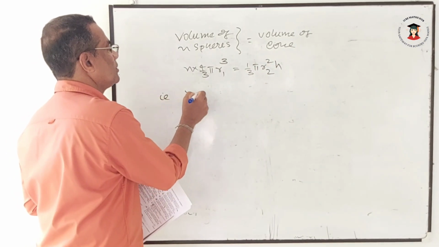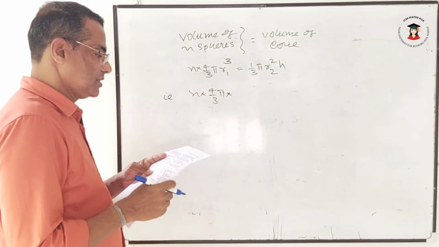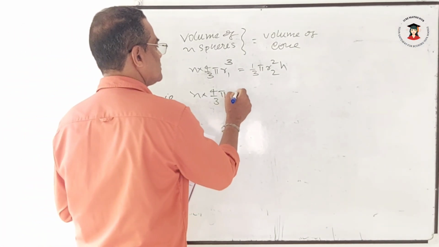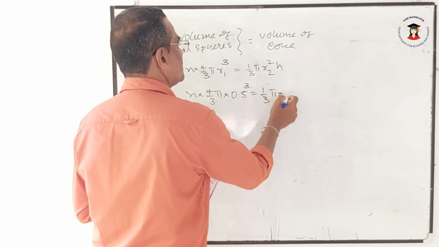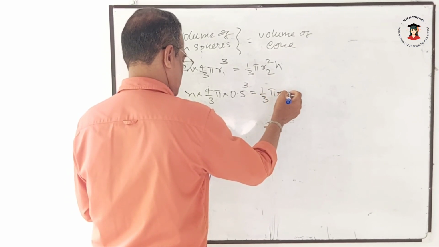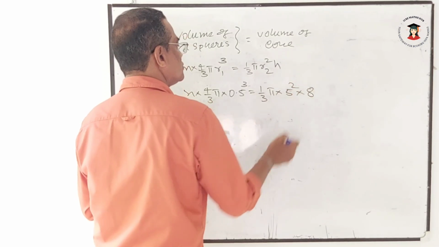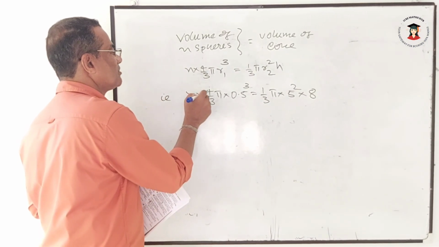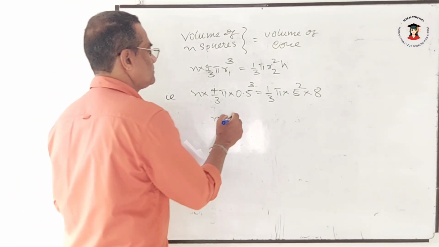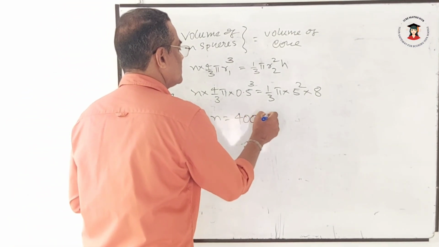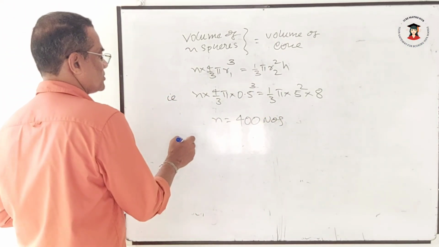That is n into 4 by 3 pi into radius of sphere 0.5 cube equal to 1 by 3 pi into radius of cone 5 and height is 8. So on simplification, you will get n as 400 numbers. That is the number of spheres equal to 400.